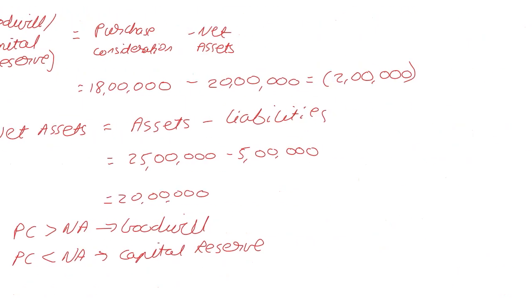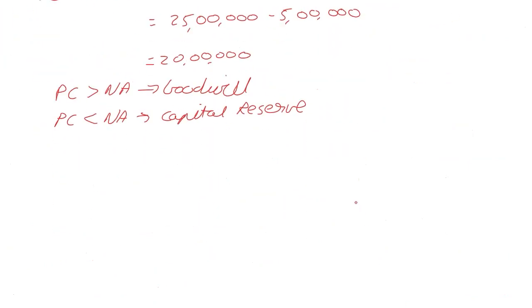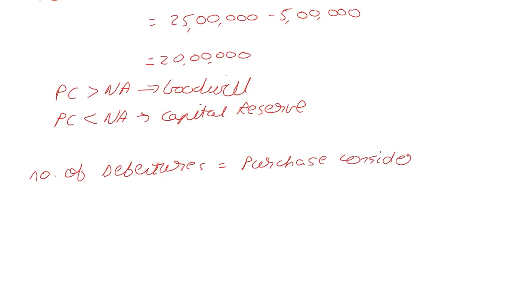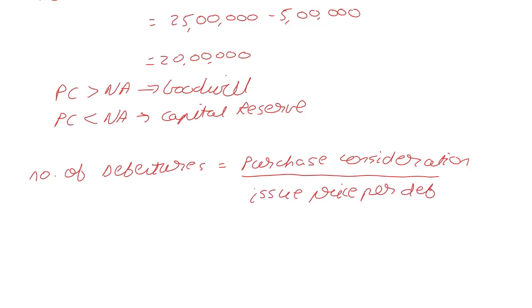So the number of securities to be issued, in our case debentures, is equal to the purchase consideration divided by the issue price per debenture.